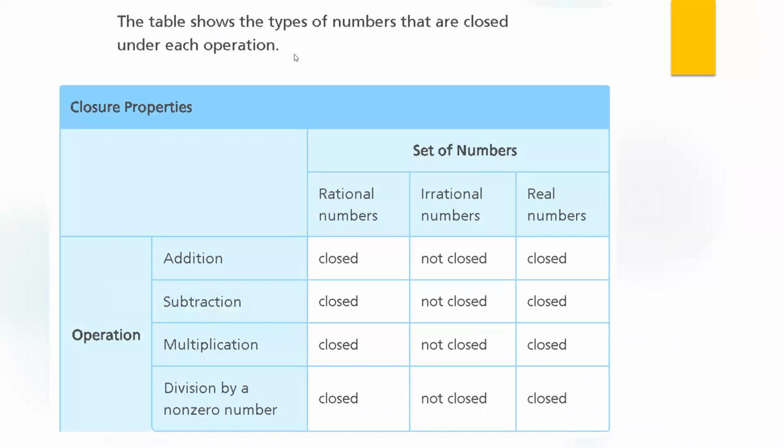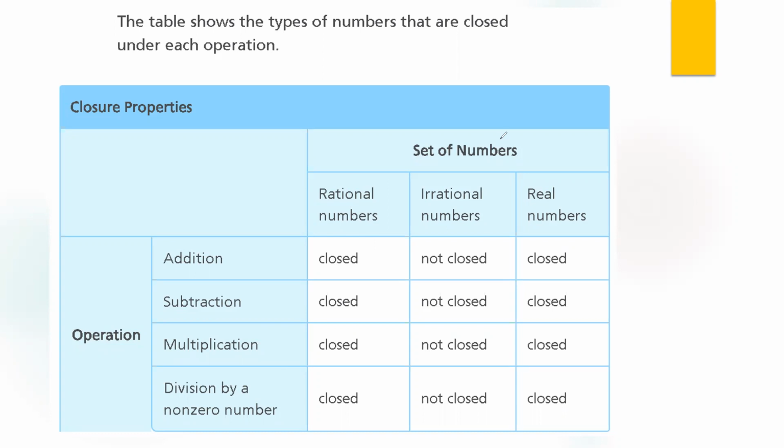The table shows the types of numbers that are closed under each operation. When you add two rational numbers, it will be rational. It's closed. So the rational numbers are closed under addition, under subtraction, under multiplication and under division.